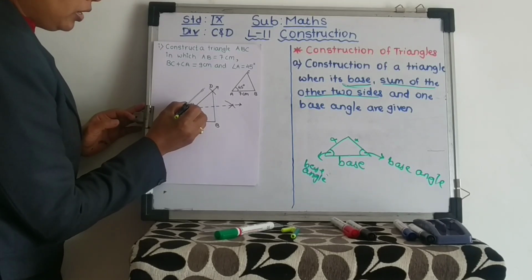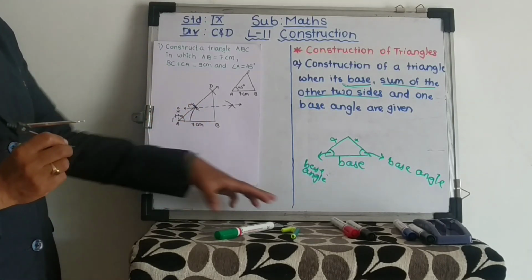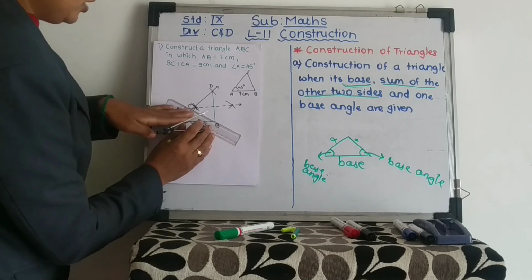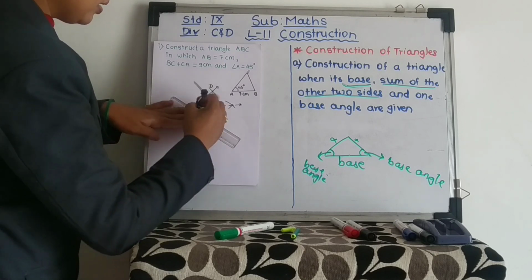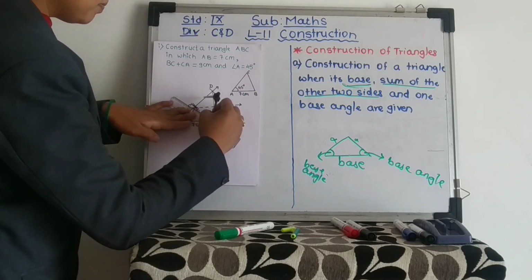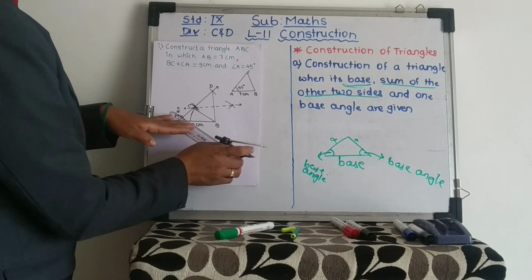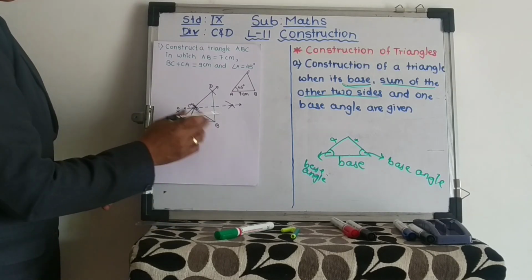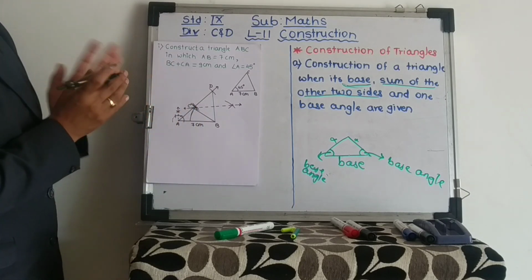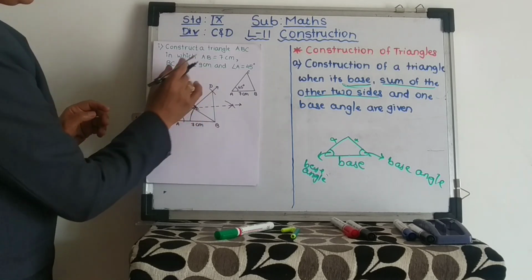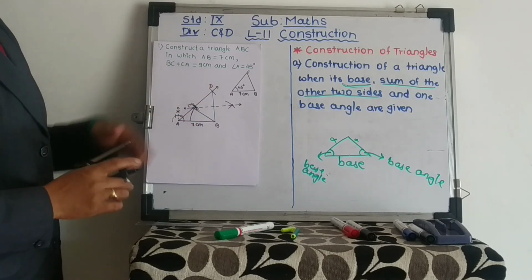So this point is nothing but your C point. Now we will join C and B. So we will get triangle ABC.